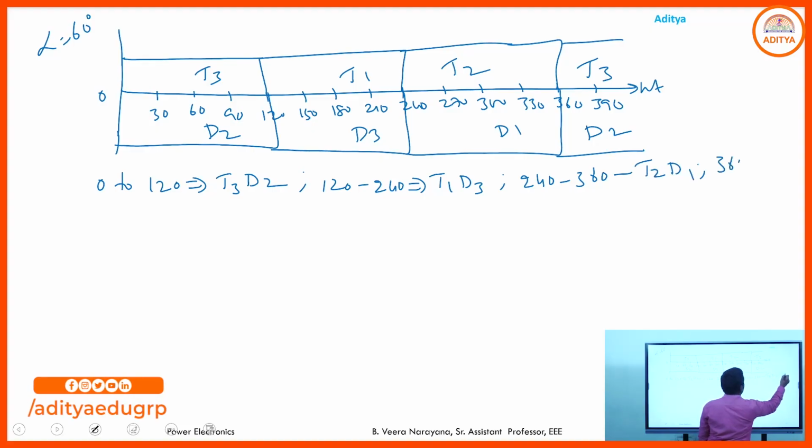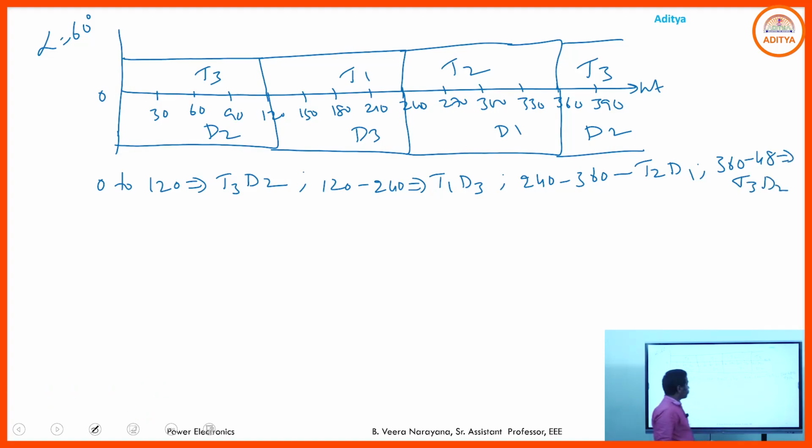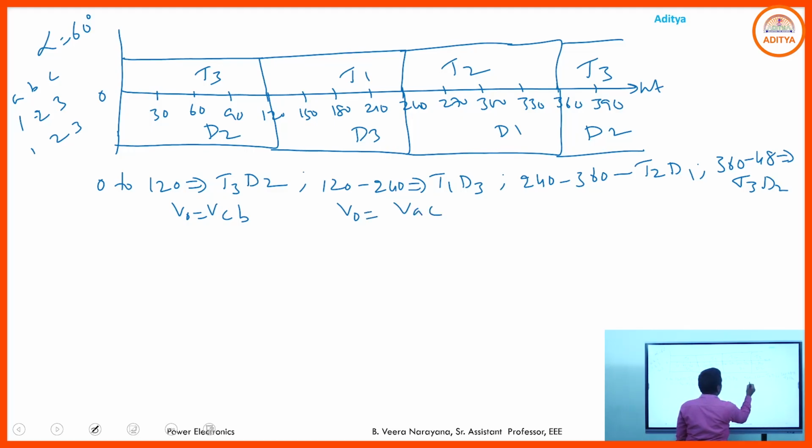Next, 360 to 480, again T3, D2. If T3, D2 is on, 3, 2, what is the V0 here? VCB. 120 to 240, 1, 3, VAC. 240 to 360, 2, 1, VBA.